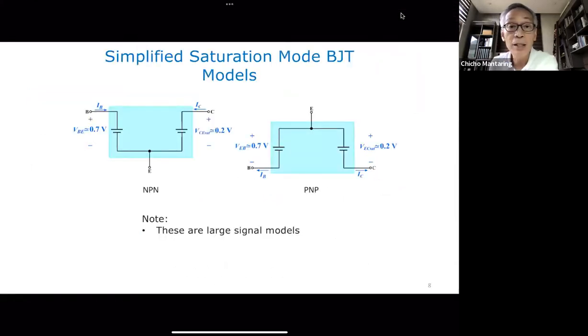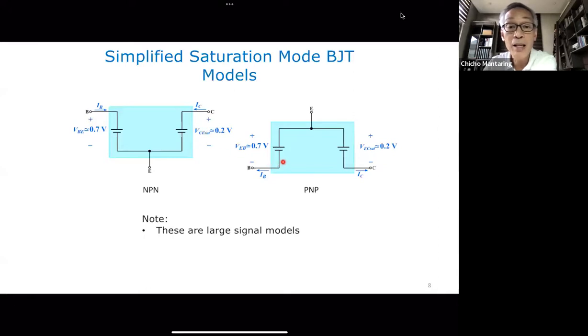So this is now the simplified saturation mode BJT models. This is for an NPN, and this is for a PNP. For your NPN, again, this is for purpose of DC calculation. Your base emitter, you approximate that to be 0.7, and if you know that your transistor is in saturation, your collector emitter will be about 0.2.